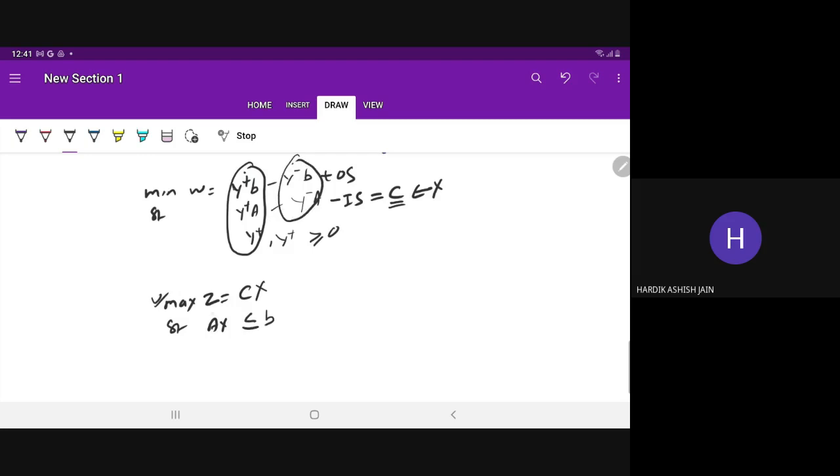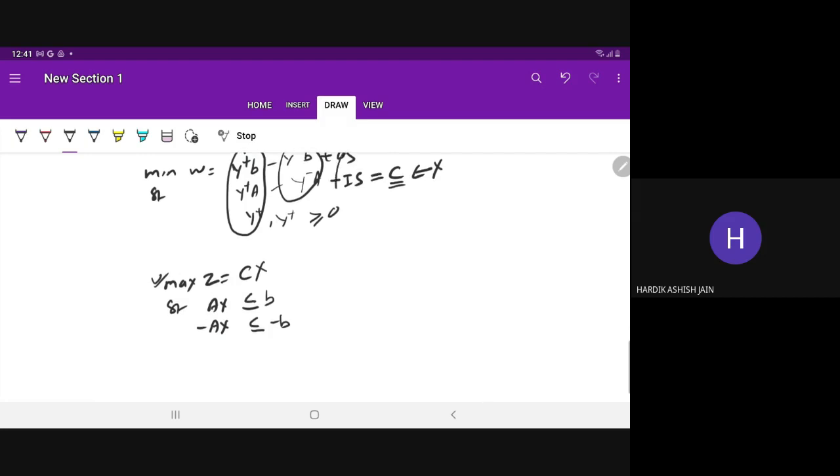With this it becomes minus Ax less than or equal to minus b, and from this you get minus x less than or equal to 0. So this can be written as Ax greater than or equal to b, and x greater than or equal to 0. If you combine these two, it gives Ax = b.